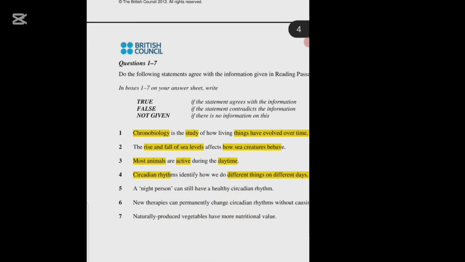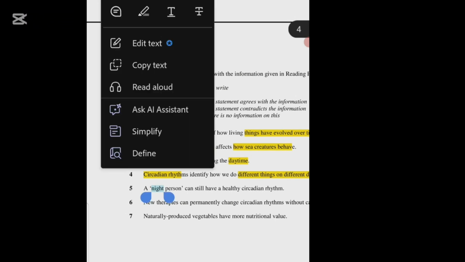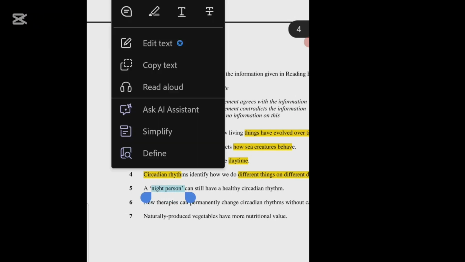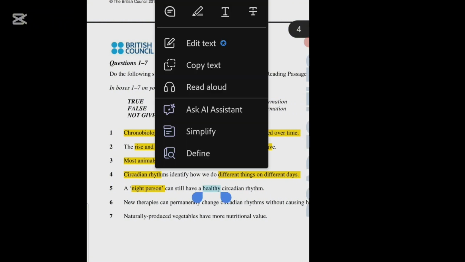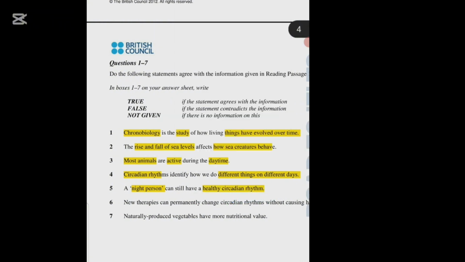The next question, number 5, a night person. Keyword, night person. Notice how I am running through this as quickly as possible, following that chronological order. A night person can still have a healthy circadian rhythm. Keywords, a night person, right?